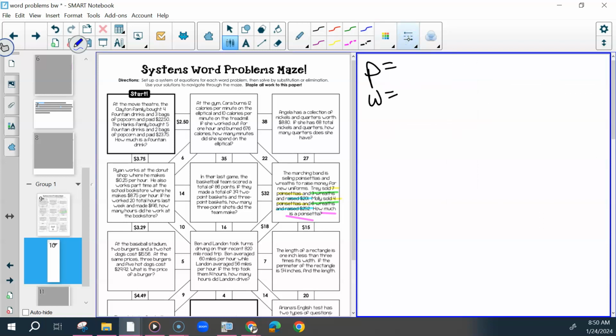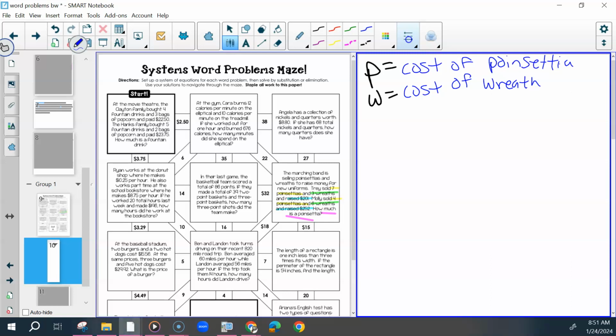And P and W represent what? Number of poinsettias. So not number of, but cost of each one. So the cost of a poinsettia, the cost of a wreath.